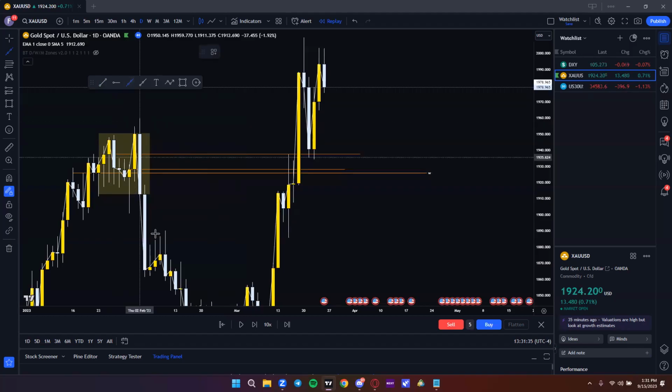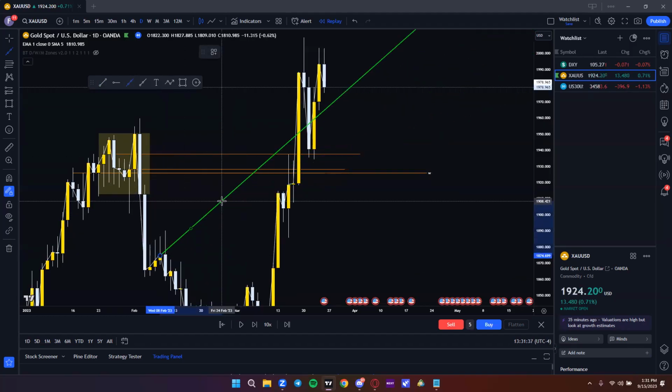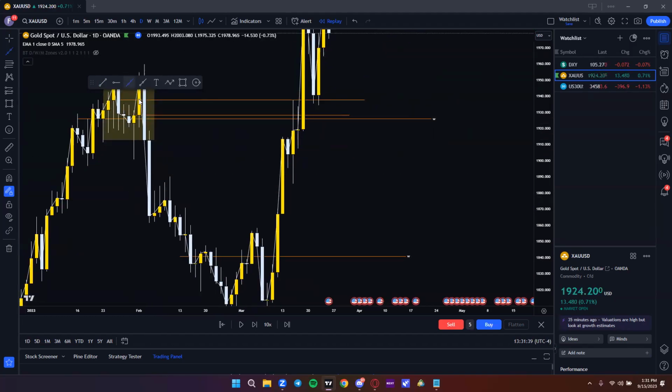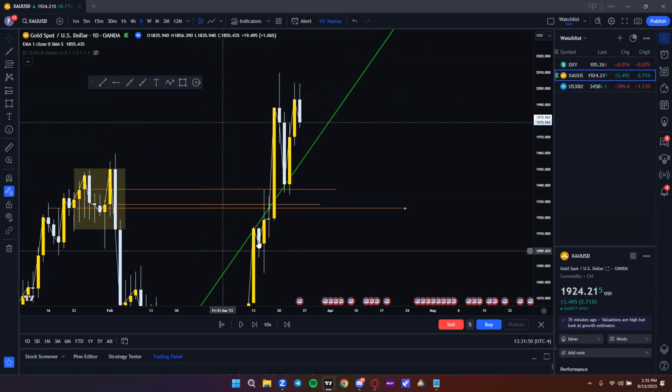I believe the trend line was right here. I remember taking this as well. It was this one, then yeah, that one. Take the buy here.